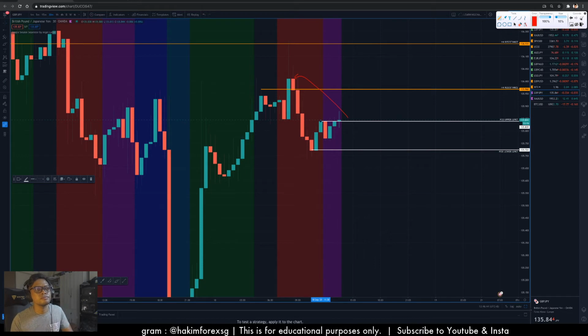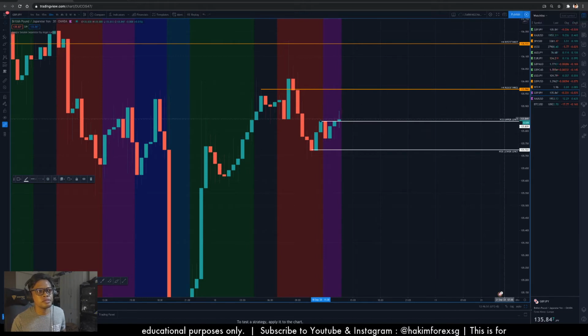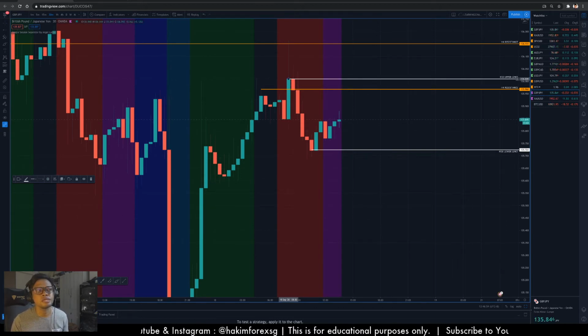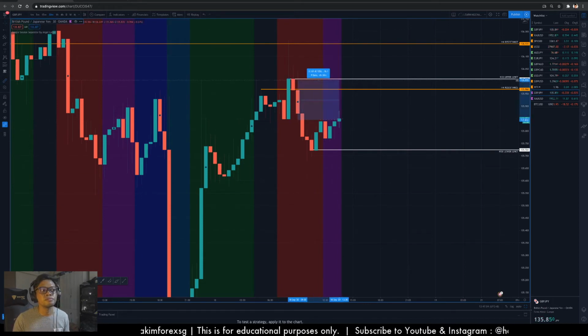In my mind, if the price closes up above, this M30 upper limit is no longer valid, and I'll move it up to here. So a potential peak move of 15 pips, right?